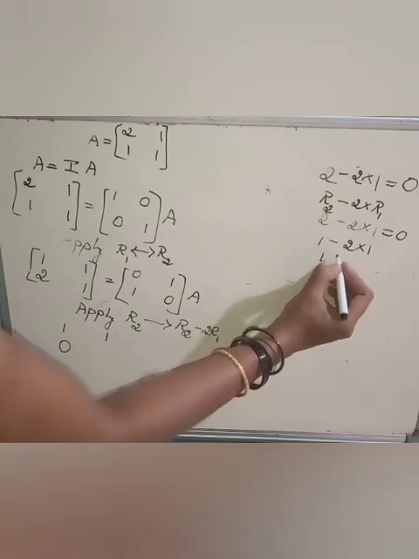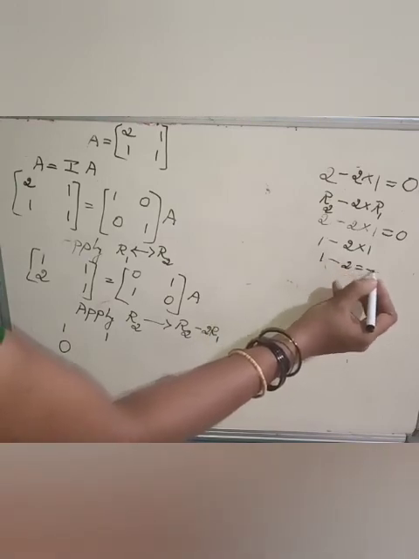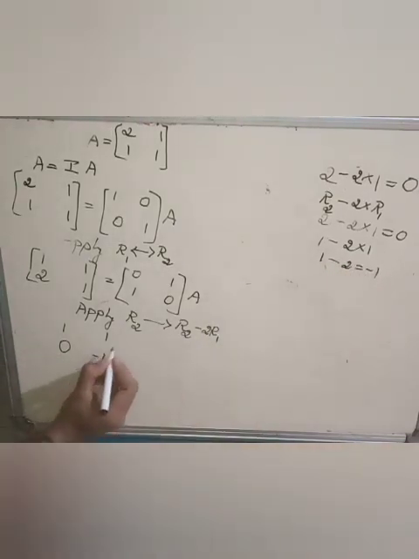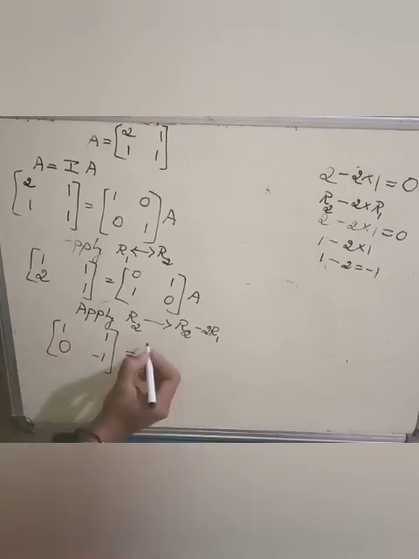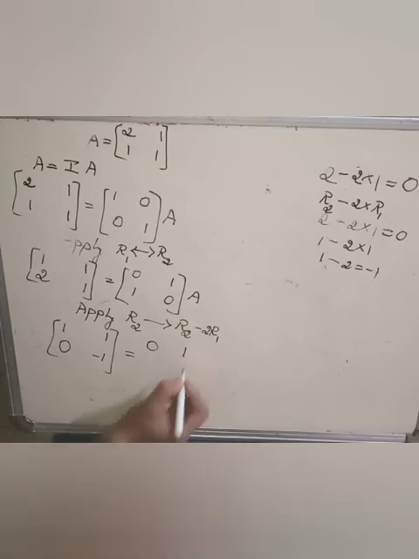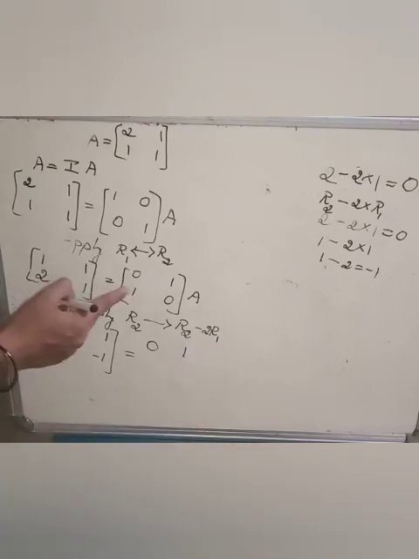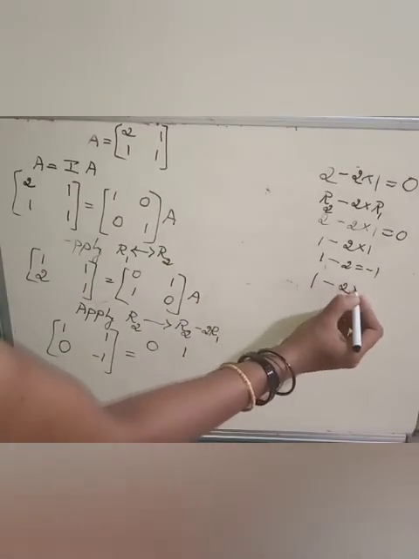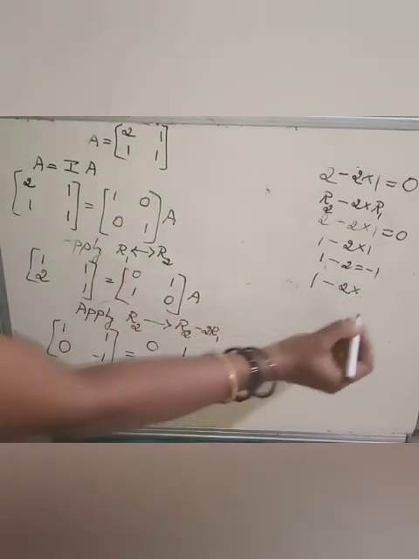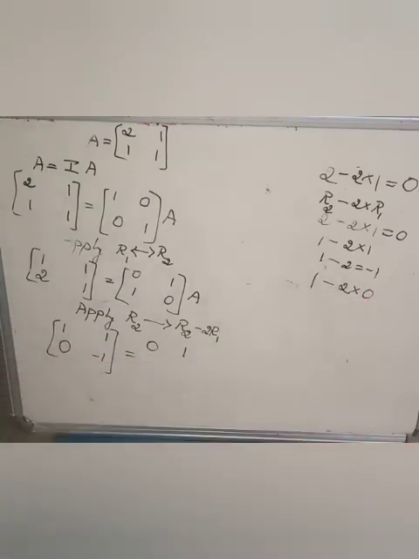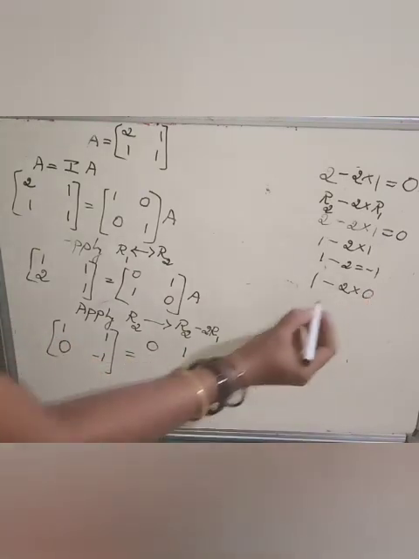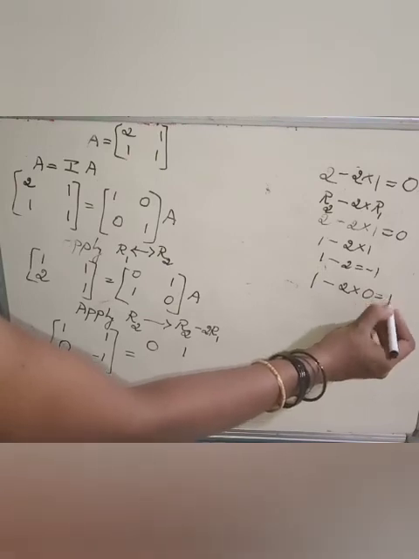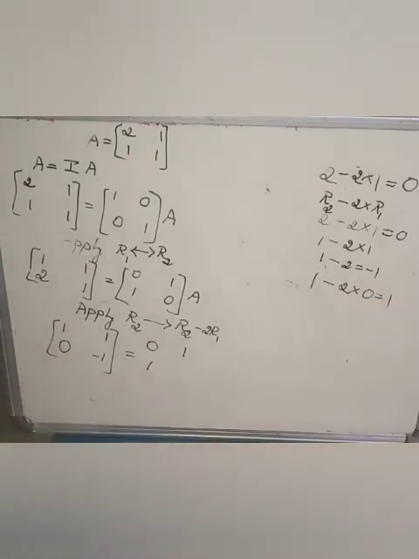So 1 minus 2, answer is minus 1. Again, first row as it is. In the second row, R2 entry is 1 minus 2 times the R1 entry 0. 1 minus 0 is 1.